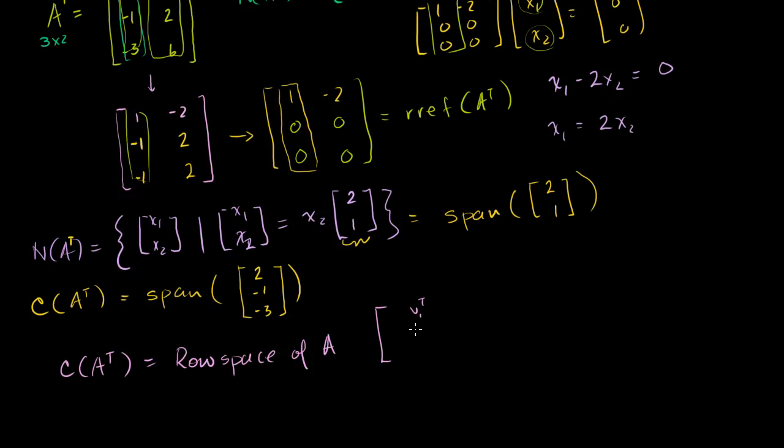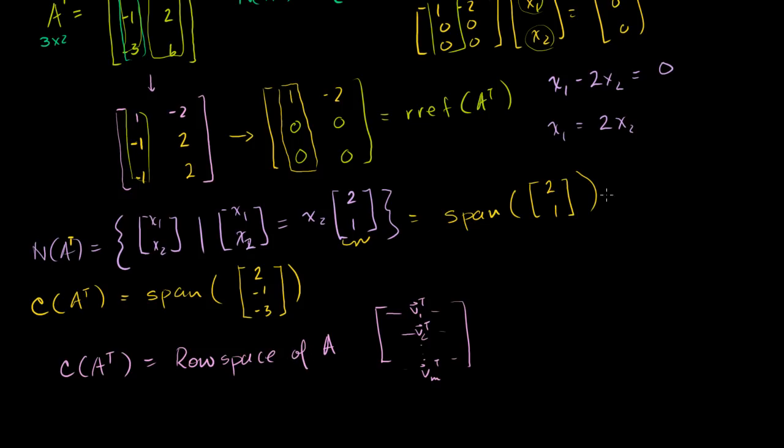So that's the first row, the second row, all the way to maybe the mth row. These are vector transposes. They're really just rows. If you imagine the space that's spanned by these vectors, by the different rows, that's essentially the column space of the transpose, because when you transpose it, each of these guys becomes a column. So that's what the row space is.